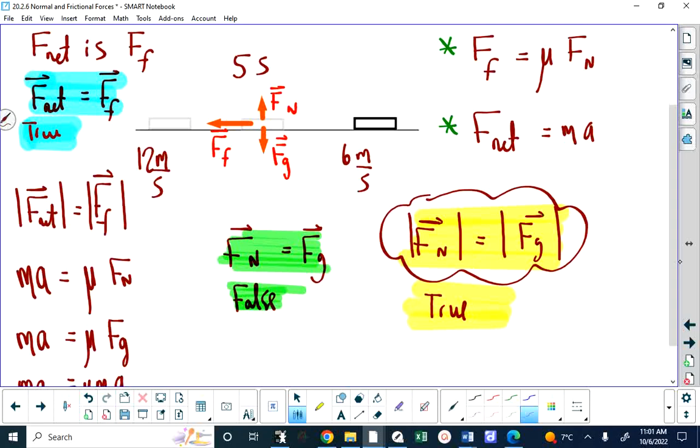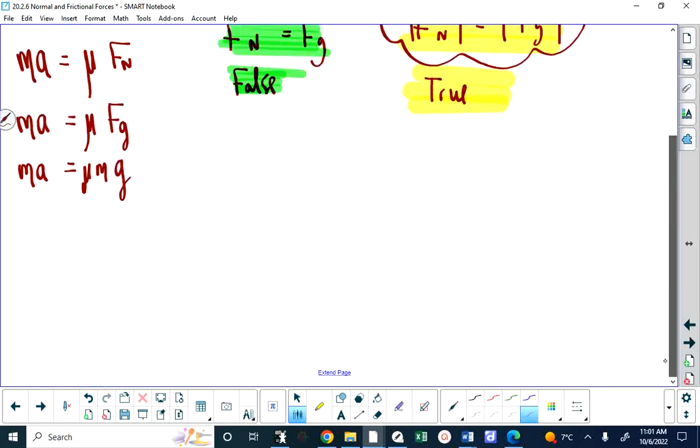Now what happens, Ashlyn, is we can cancel the masses. And if we want to find mu, it is equal to the acceleration over 9.81. And we're going to have to use kinematics here to find the acceleration. By the way, the acceleration is in a negative direction of the motion, but we really don't care about that.